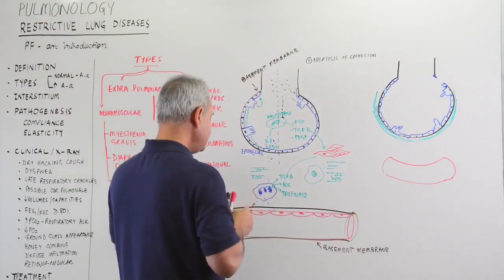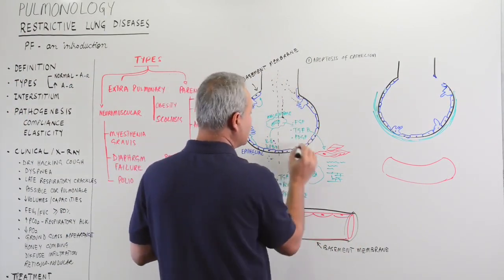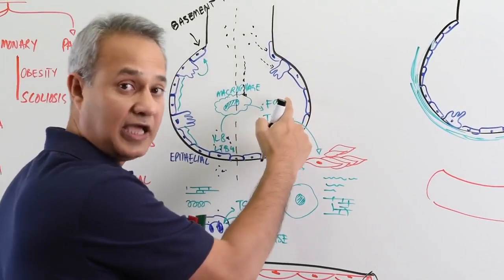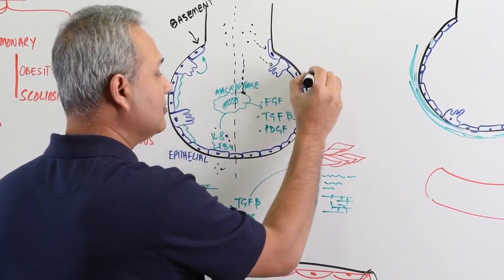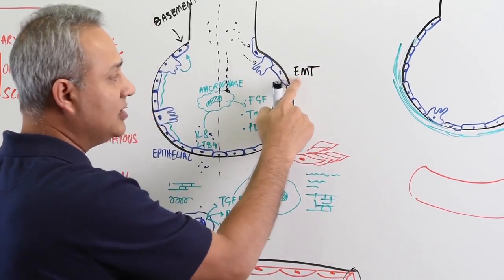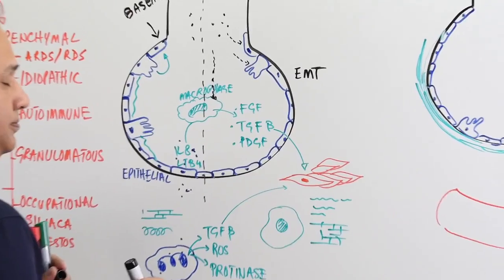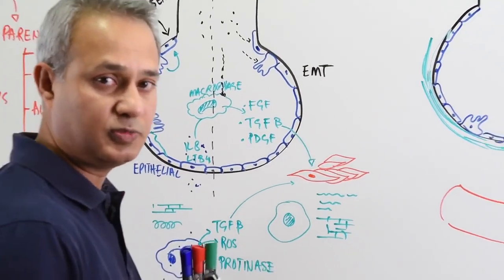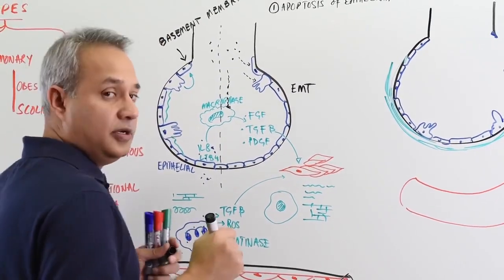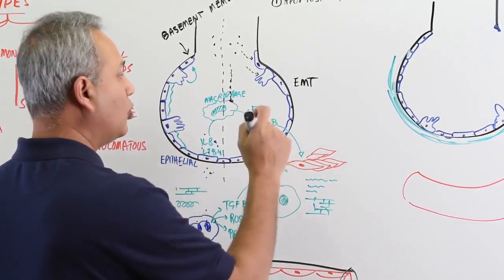Okay. Another thing that would happen is that these chemical substances and the damage to the epithelium will cause something that we say EMT, epithelial mesenchymal transformation. Epithelial mesenchymal transformation. What does that mean?